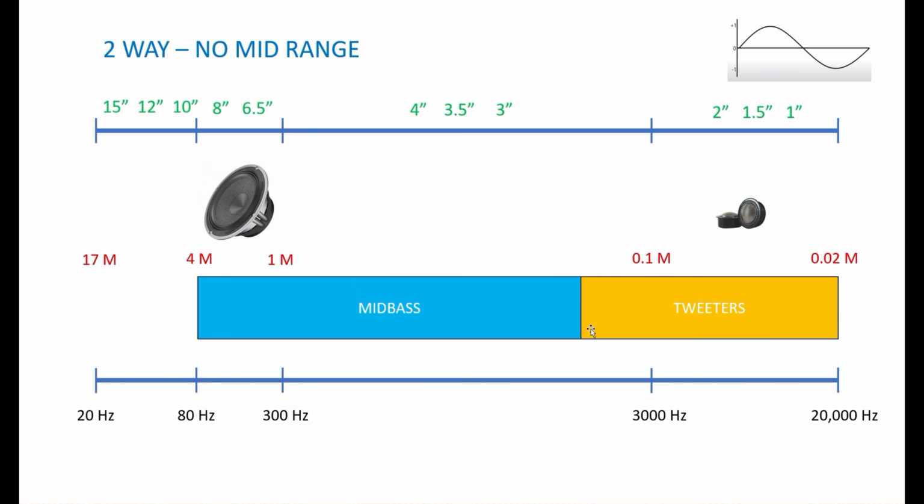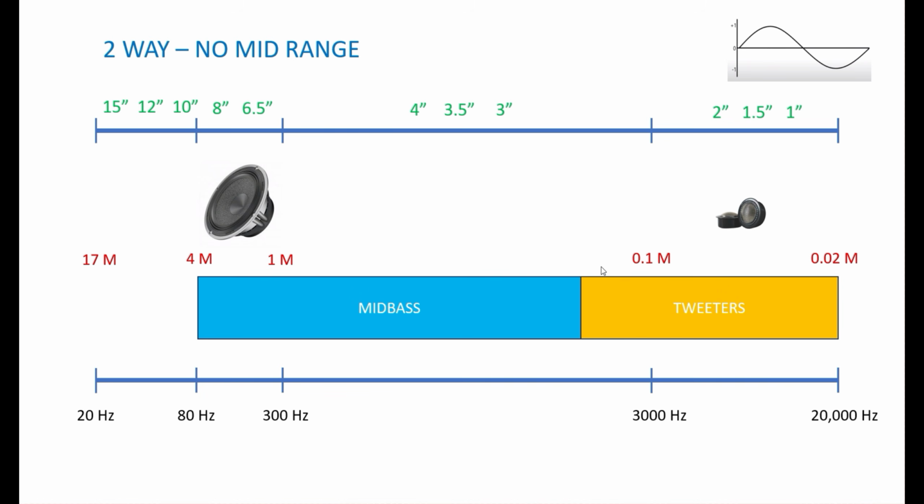And yes, as I said, it will play, but will it play it as nicely as if you had a mid-range, right? Maybe not. So often people come to me for help with their two-way systems, because they'll have a huge dip in the middle here somewhere, where the mid-bass and the tweeter are struggling to cross over properly, and I see that quite commonly.